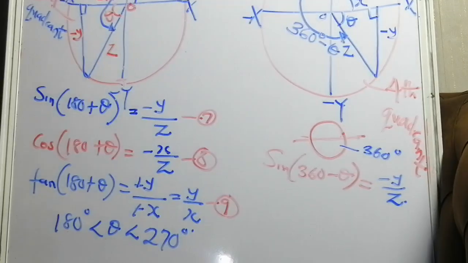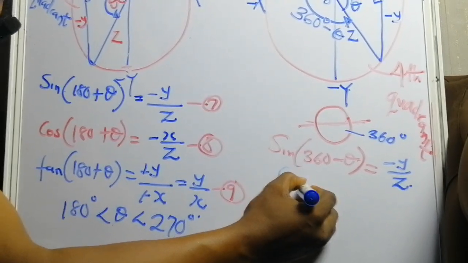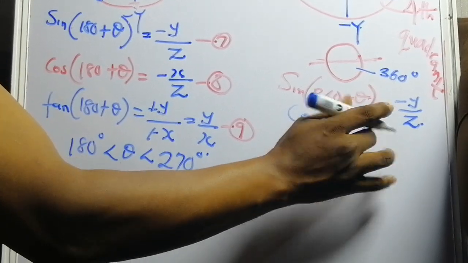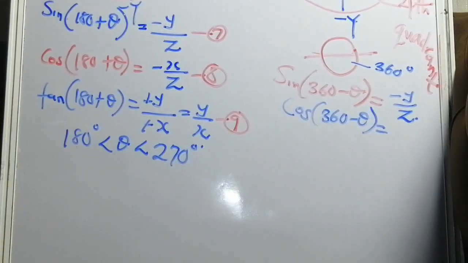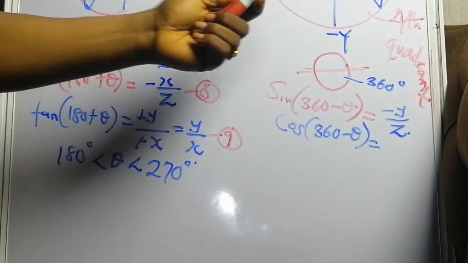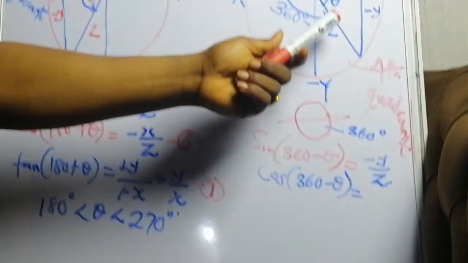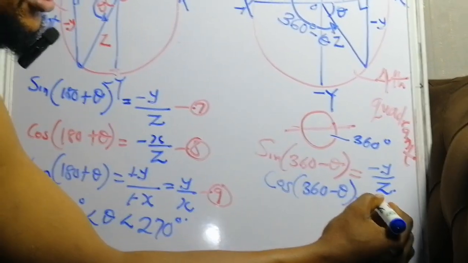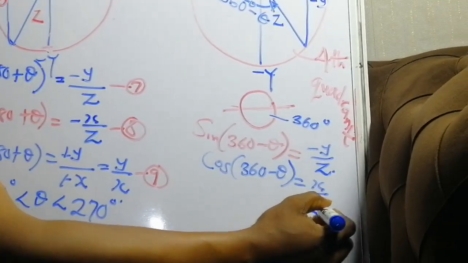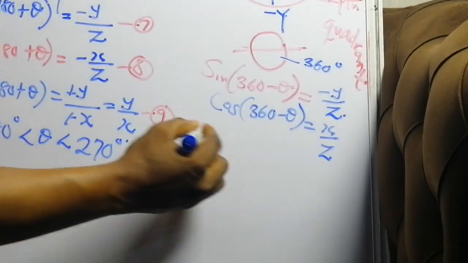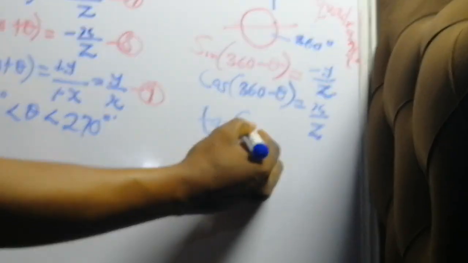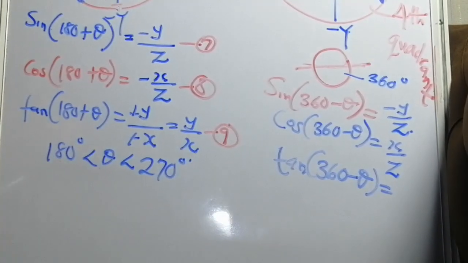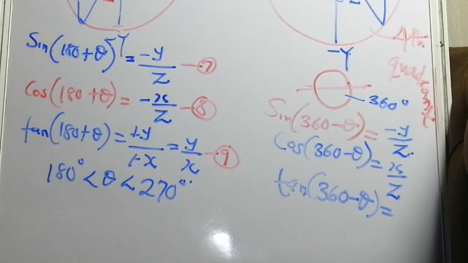So now I can get my cos. That's cos of 360 minus theta. So at the end of the day, my cos will be adjacent over hypotenuse. That's x over z. Then my tan of 360 minus theta will now be equal to, what is my tan here?